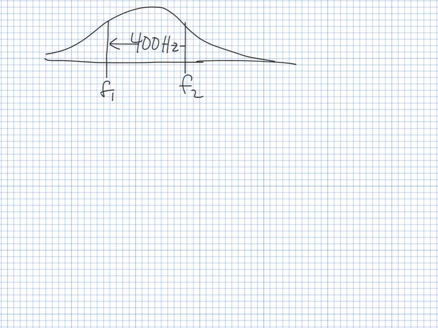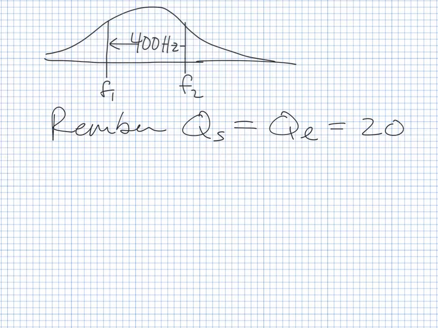All right, so first of all, let's remember that the Q of the series circuit, and this is really the Q of L, which we said was 20 in this case.